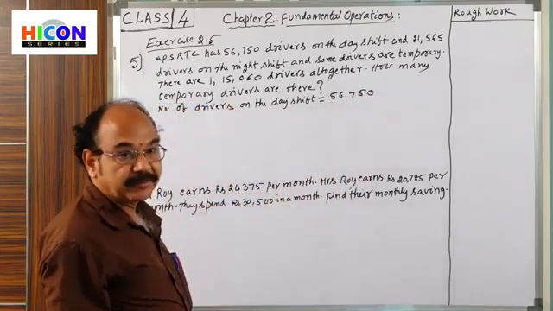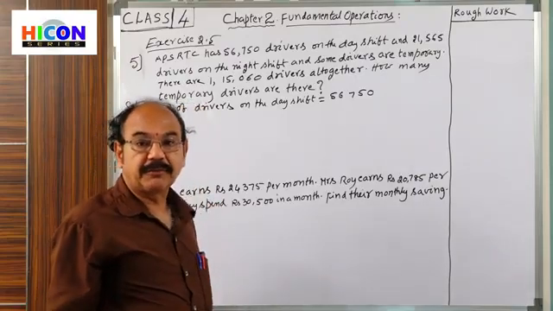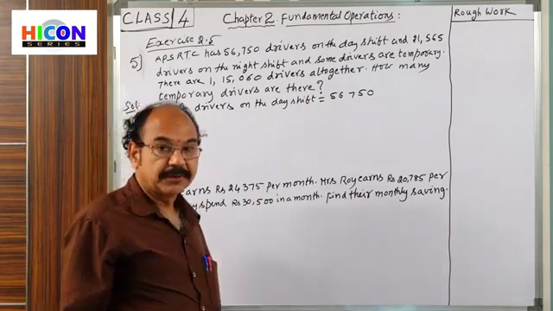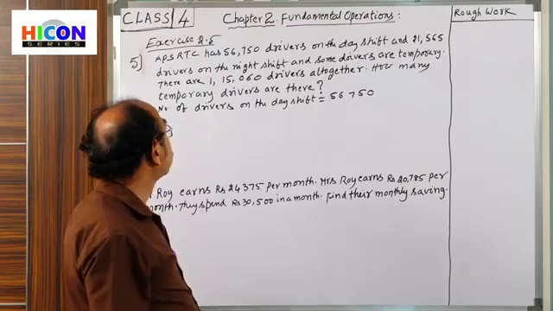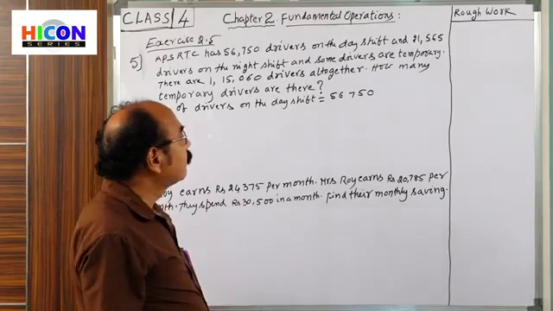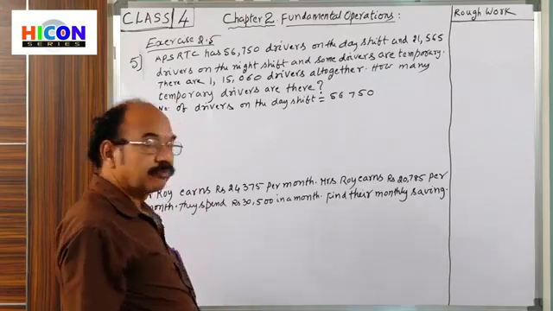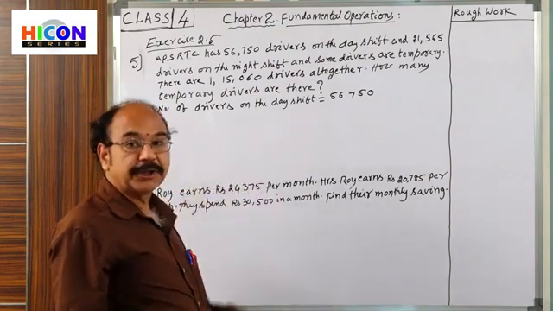In this problem, there are three types of drivers. What are they? Day shift drivers and night shift drivers and temporary drivers. So here, number of drivers on the day shift mentioned.